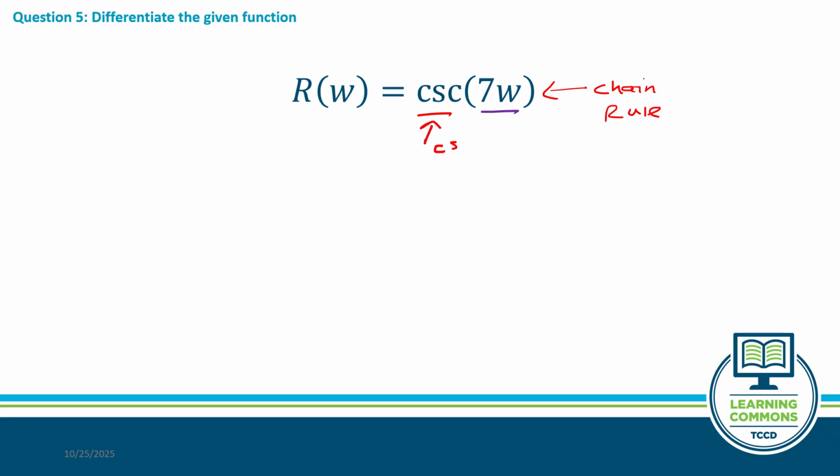The derivative of csc x is negative csc x cot x. You're going to cover the inside, ignore it, pretend it's not even there. The derivative of csc x is negative csc x cotangent x. This is an FYI and a reminder.